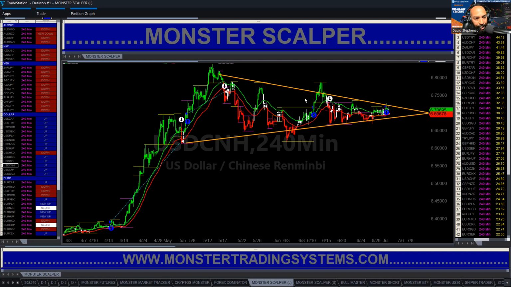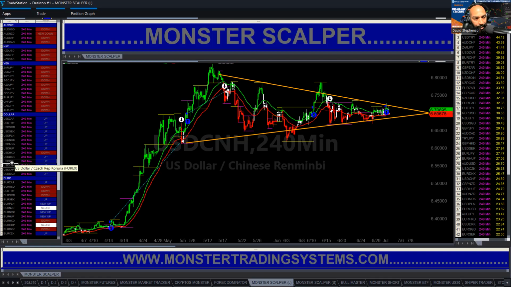So what we're doing is we're looking at the zones, looking at the areas, looking at support and resistance, looking at all of these opportunities. Every time frame is different, and every dollar pair is a very different setup.